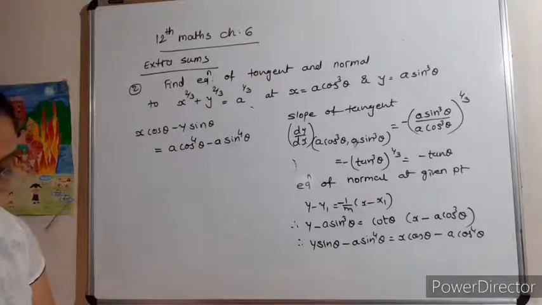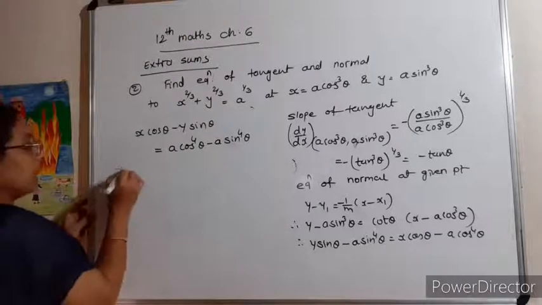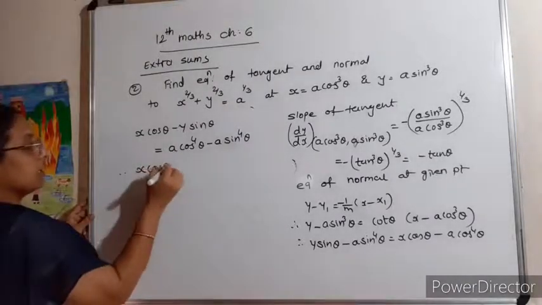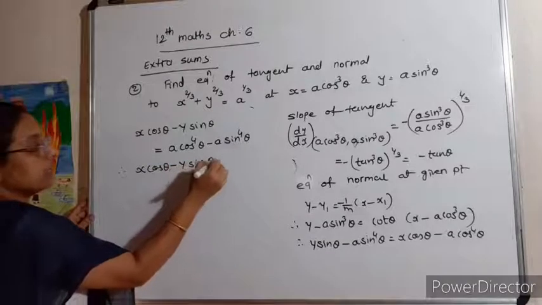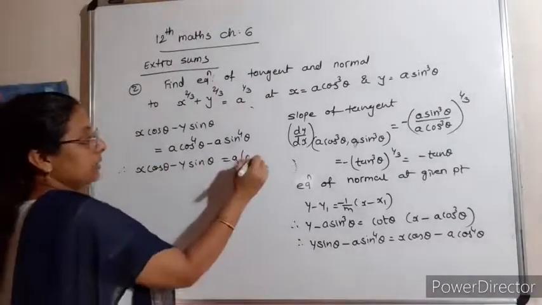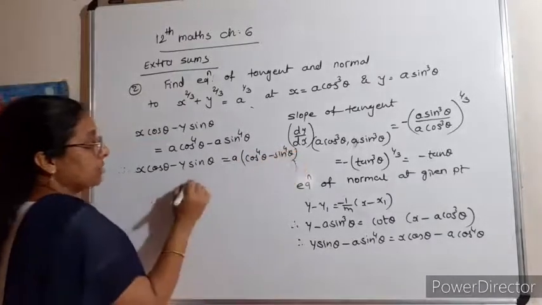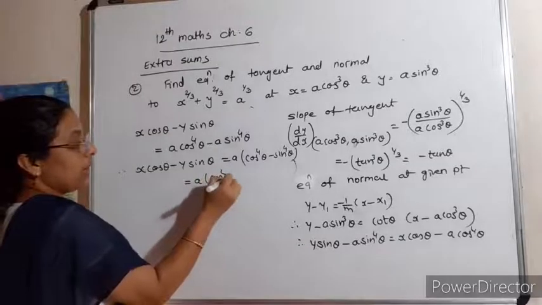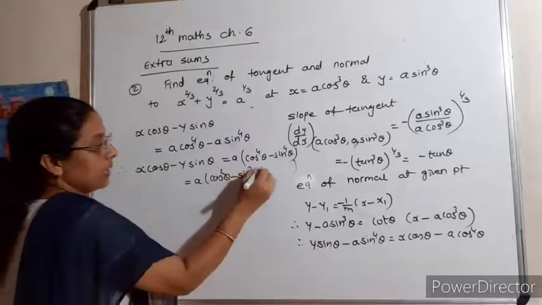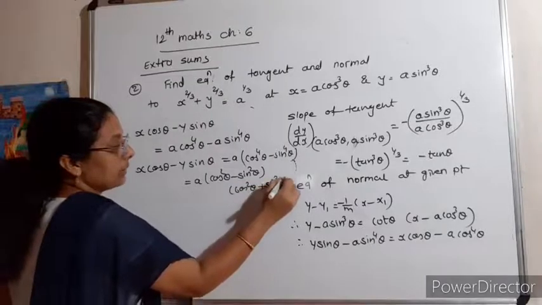So here now you have to simplify something. अभी आप simplify करेंगे तो therefore x cos theta minus y sin theta is equal to a, you will take common, it is cos raised to 4 minus sin raised to 4. So now you can write cos square theta minus sin square theta and cos square theta plus sin square theta.